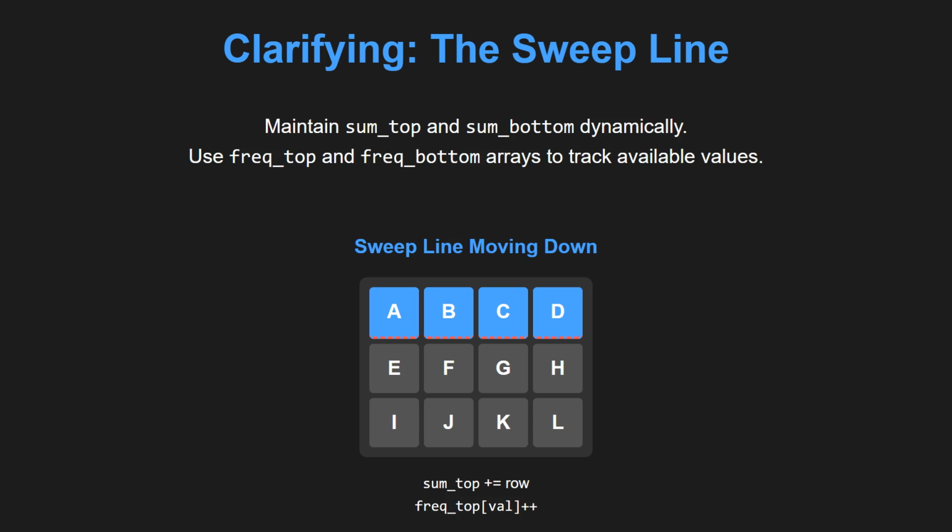We also update the sum_top and sum_bottom accordingly. This allows us to update our state in order of the number of columns, making the sweep highly efficient. If sum_top is greater than sum_bottom, we need to find if there is a cell in the top section with a value exactly equal to the difference.